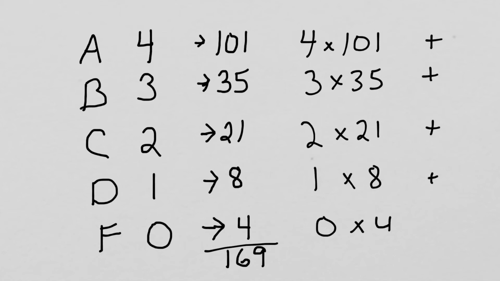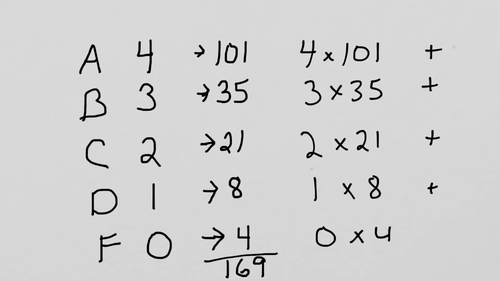Right? Put those straight into your calculator. And you don't even need parentheses for these because your calculator will do the math. 4 times 101 plus 3 times 35 plus 2 times 21 plus 1 times 8 plus 0 times 4. Type it straight in your calculator.